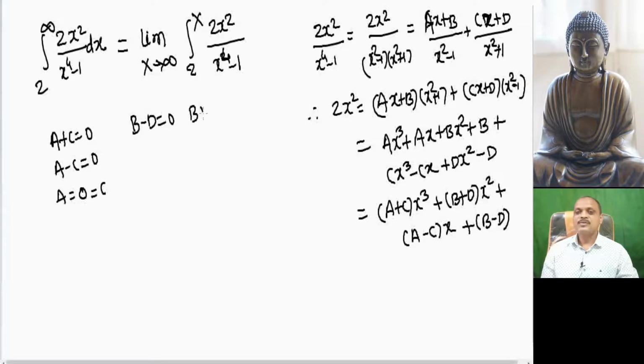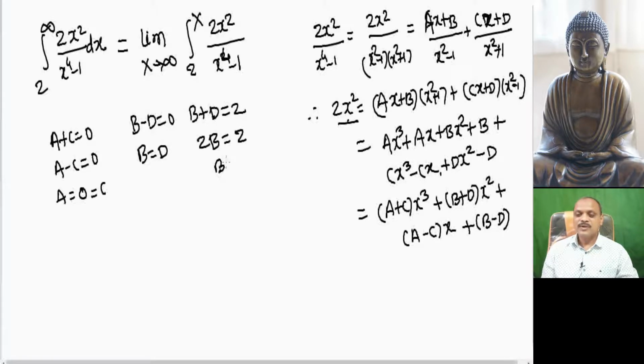If you compare the coefficients, like the coefficient of x square, on the right side the x square coefficient is b plus d. Then from this b equal to d, and as b equals d we have 2b equal to 2 and b is equal to 1.